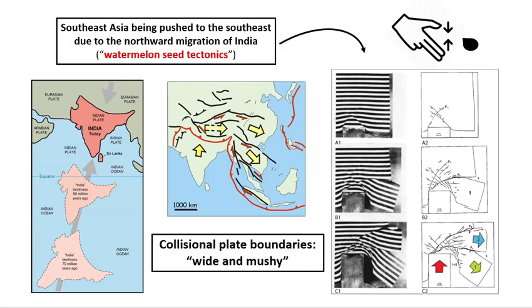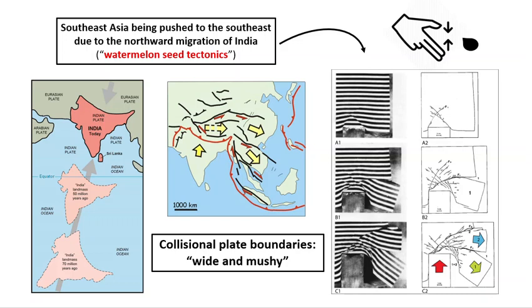Okay, well, one thing that's interesting about collision zones in particular is that they tend to be complex and wide and kind of mushy. And a really good illustration of that is the collision zone that developed on the order of 40 or 50 million years ago as the Indian subcontinent crashed into southern Eurasia.